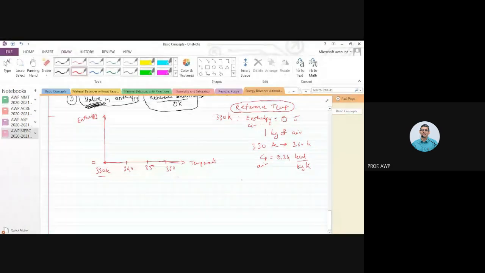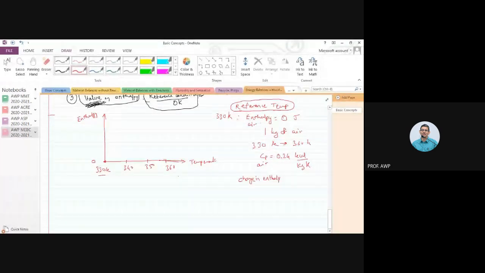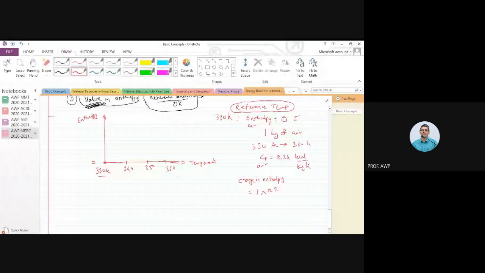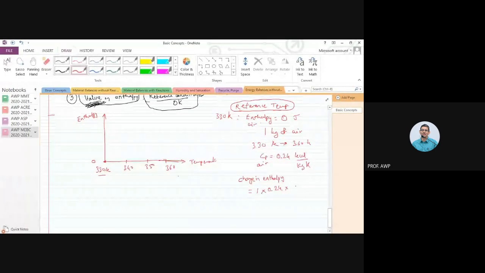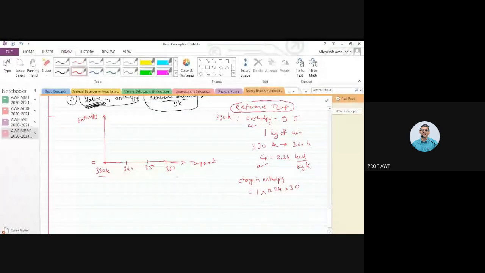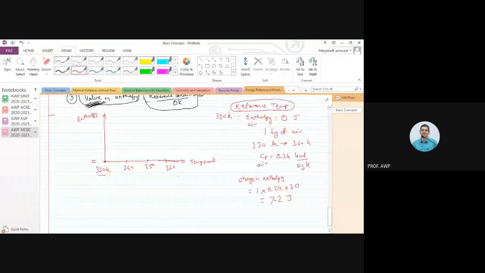So then the change in enthalpy would be 1 into 0.24 into (360 minus 330). So that is 30 Kelvin. So this would be 7.2, sorry, not joules, 7.2 kilocalories.